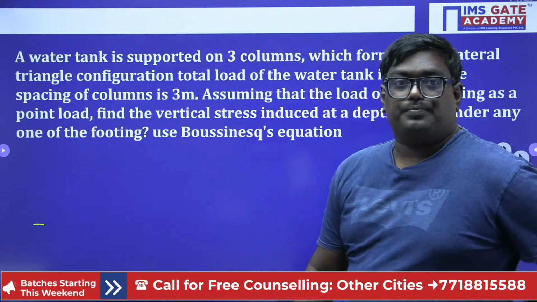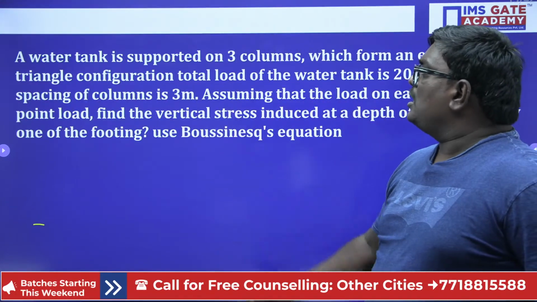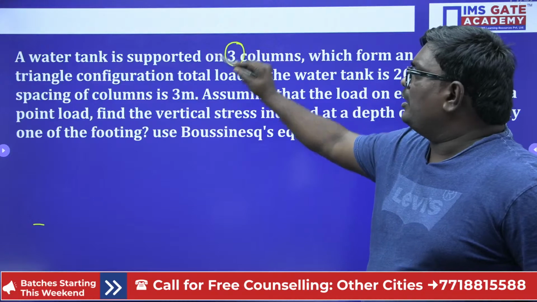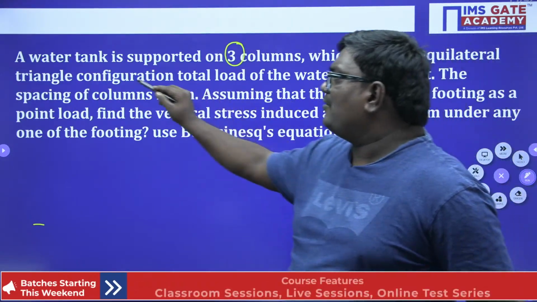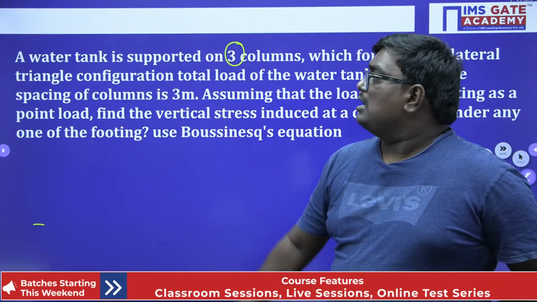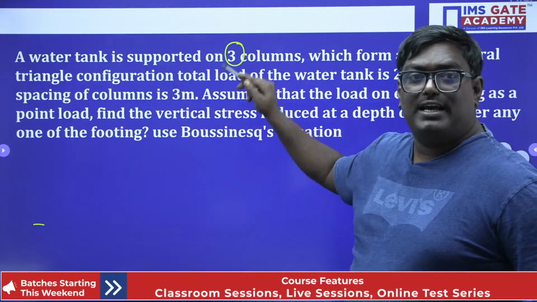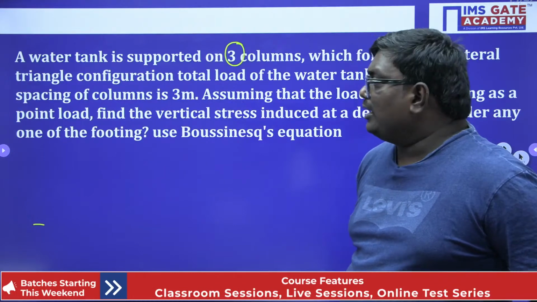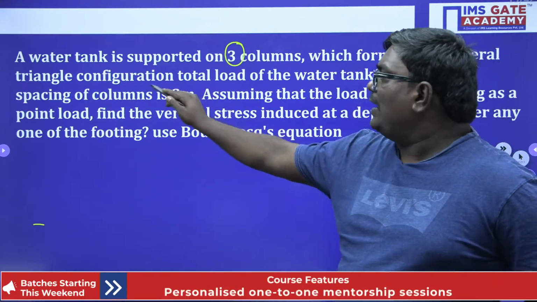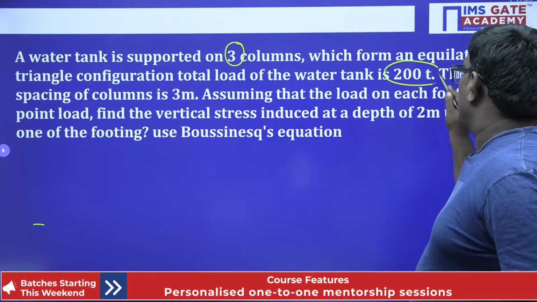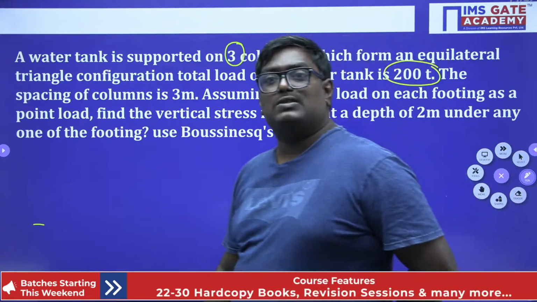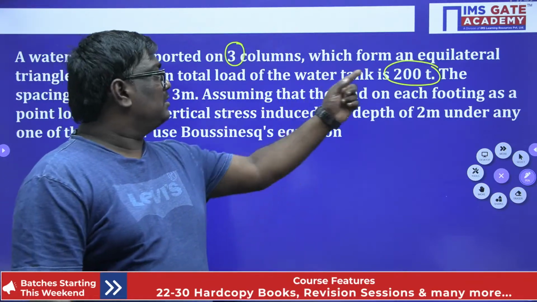Now see students, the next question is: a water tank is supported on 3 columns which form an equilateral triangle configuration. A water tank is supported on how many columns? On 3 columns which form an equilateral triangle. The total load on the water tank is how much, sir? The total load on the water tank is 200 tons.